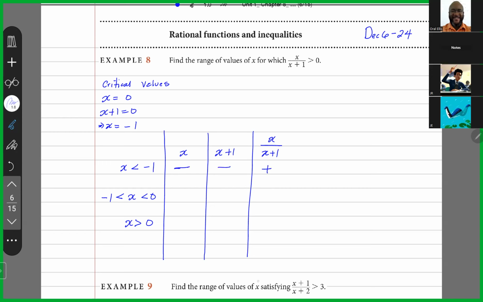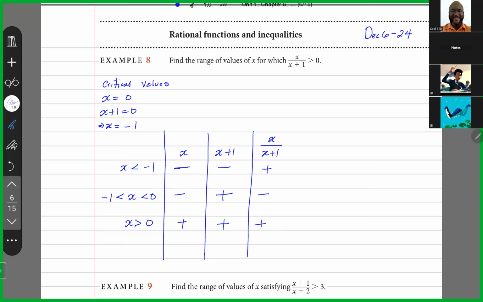When x is between 0 and minus 1, for example, if x is minus a half, the numerator would be negative. The denominator would be positive, and a negative divided by a positive is a negative. Now, if x is greater than 0, for example, if x is 1, the numerator would be positive, the denominator would be positive, and a positive divided by a positive is a positive.